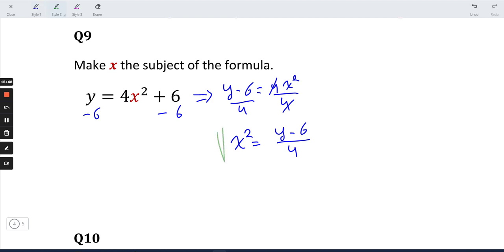The power 2 and the square root will cancel each other. Then we'll get x equals plus or negative square root of y minus 6 over 4.